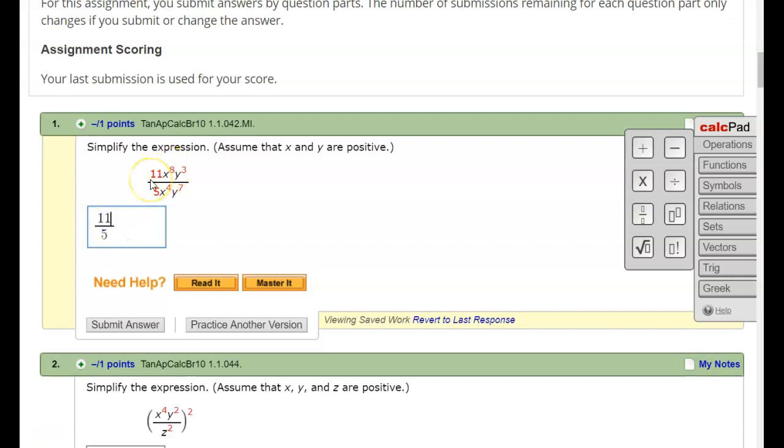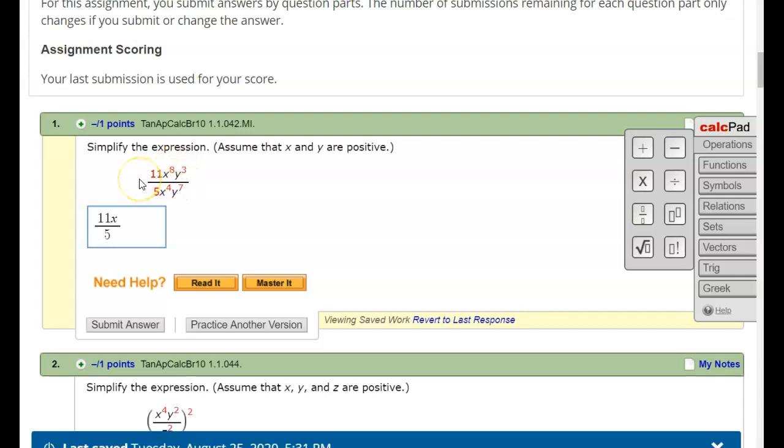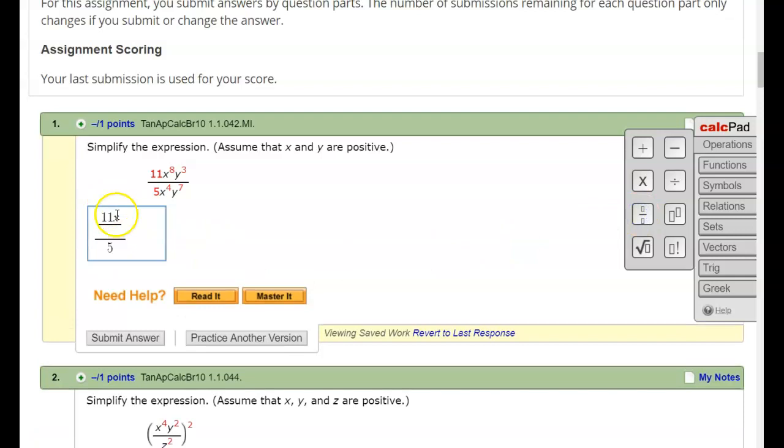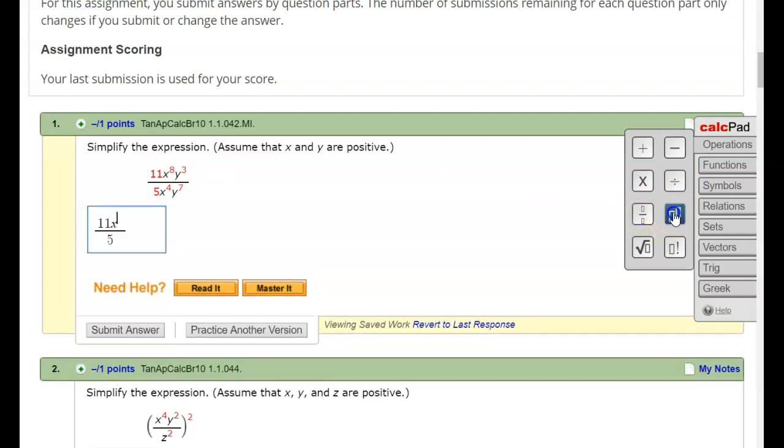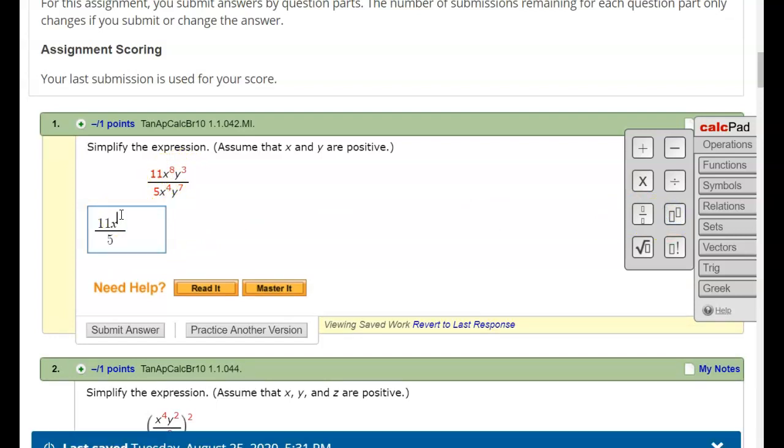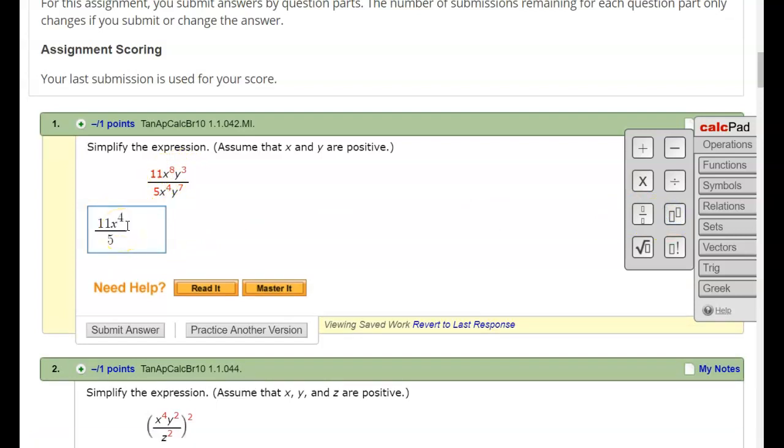For x, I'm subtracting those exponents. 8 minus 4 is going to give me x to the, and I can use the to-the-power key here, or, oops, wrong button. Control Z doesn't take me back, but if I hit backspace, I can get back. So I want to do the exponent here, and I get 8 minus 4 is 4. And then to get out of that, I need to go over with my cursor.